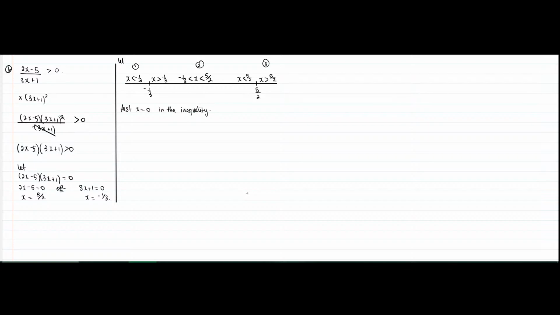So when x is equal to 0, I will have 2 into 0 minus 5 over 3 into 0 plus 1, supposed to be greater than 0. I get minus 5 is greater than 0. This is true. So therefore, x is equal to 0 satisfies the inequality.